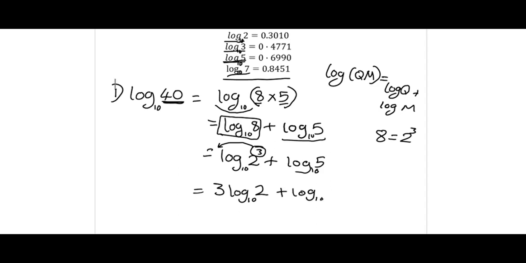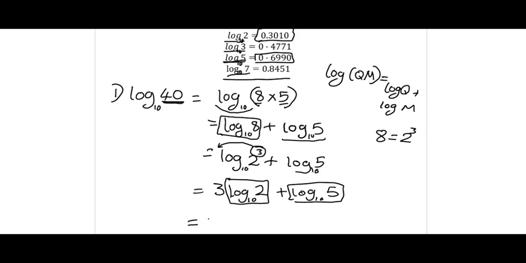So I have this whole expression. So I can now replace this log 2 in base 10 with this value. This is actually the substitution we are talking about, and I can replace my log 5 in base 10 with this value. So let's go ahead and do that substitution.